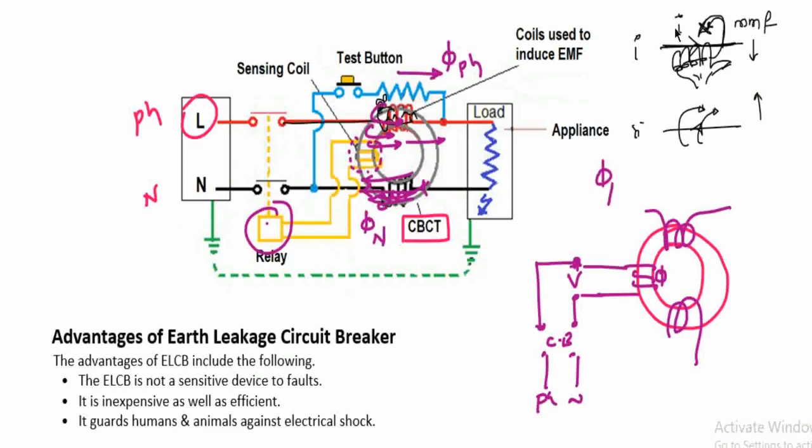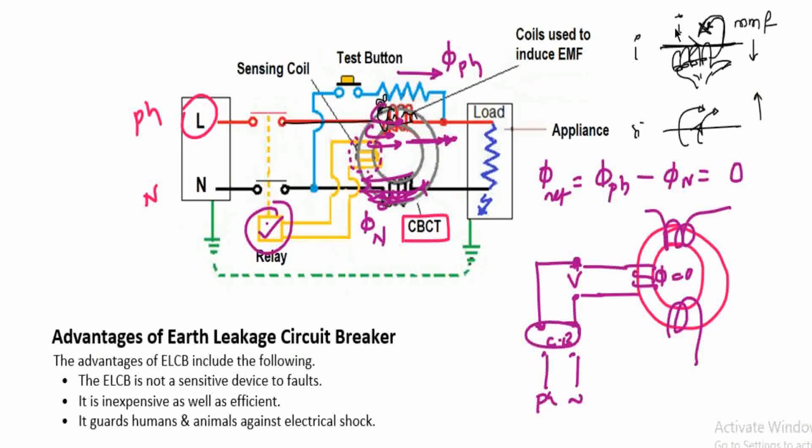Let us assume the MMFs of phase and neutral are equal, and the net MMF will be 0. The phi net will be 0 because they have opposite directions. Due to the phase it is right side, due to the neutral it is left side, so the net will be 0. Due to this, net flux is 0, there will be no EMF induced across the trip relay coil and no signal to the circuit breaker. This is under normal operating condition.